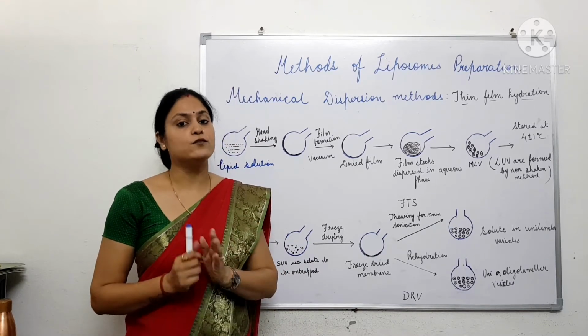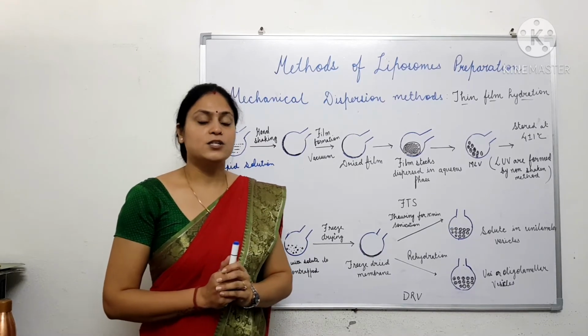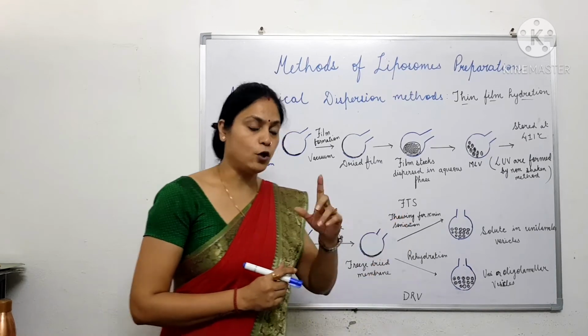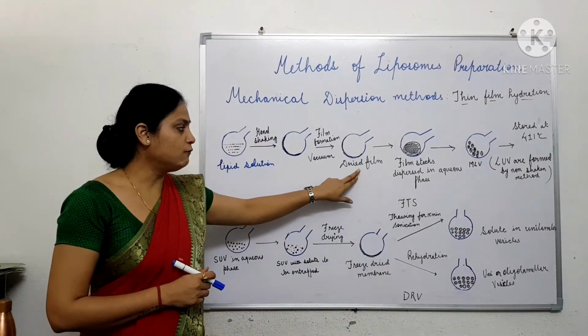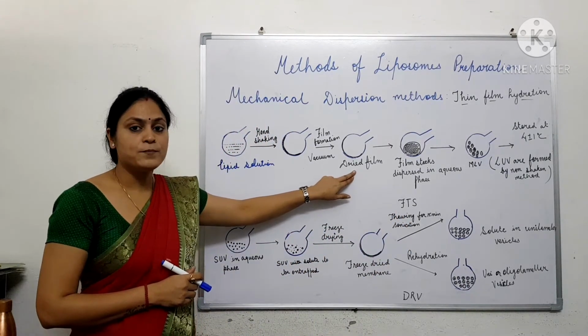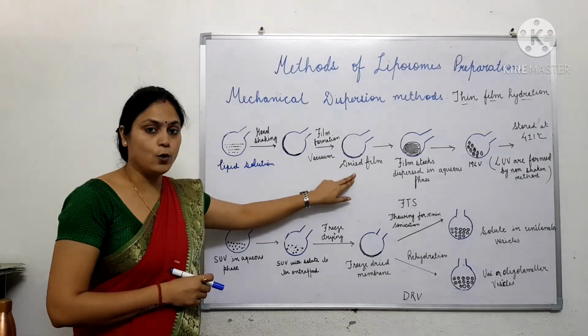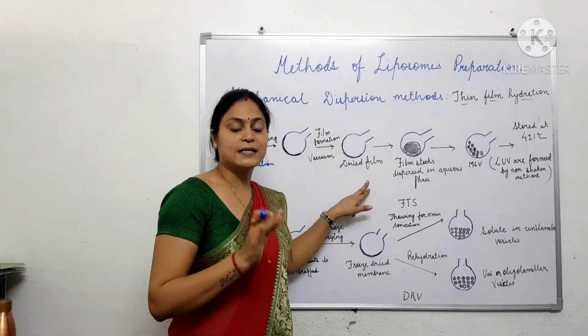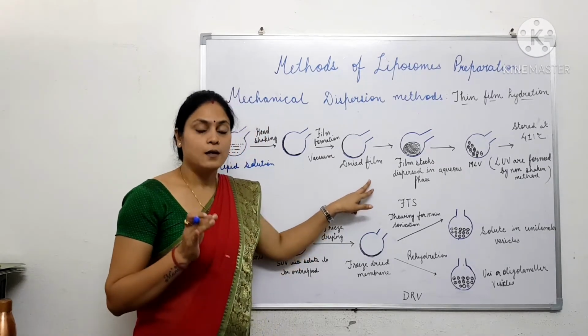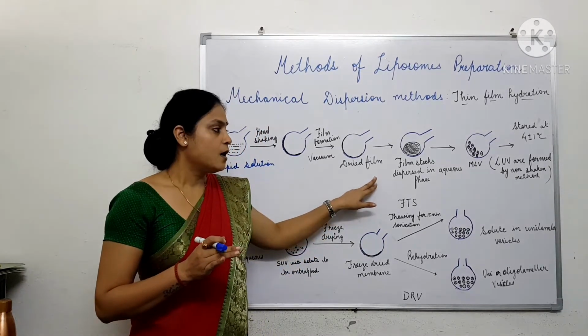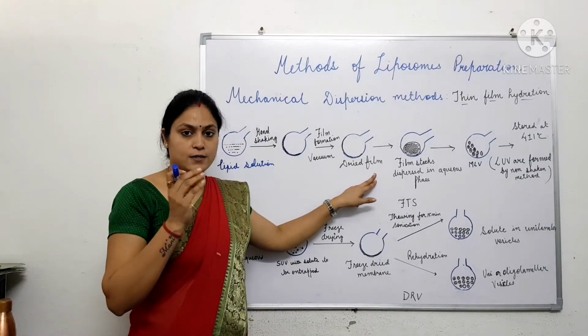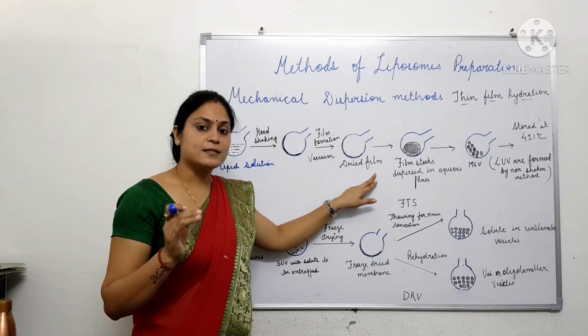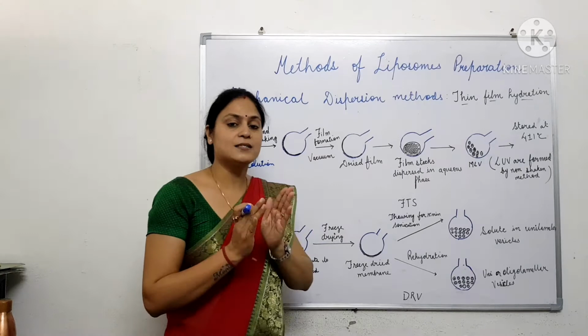Whereas, in the non-shaken method, what happens? This dried lipid film is exposed to a stream of water-saturated nitrogen for a certain period of time, and it is hydrated in such a way.